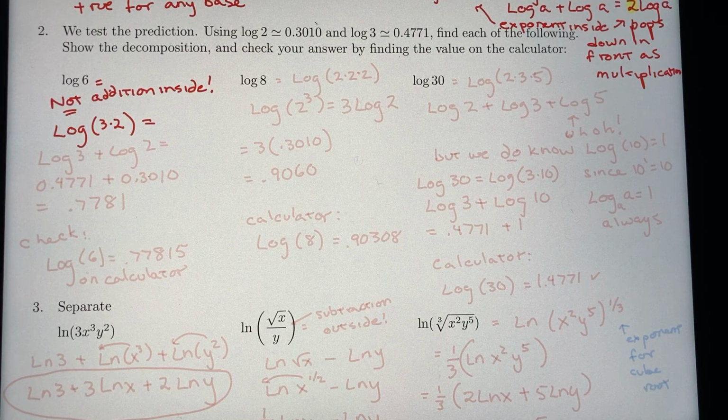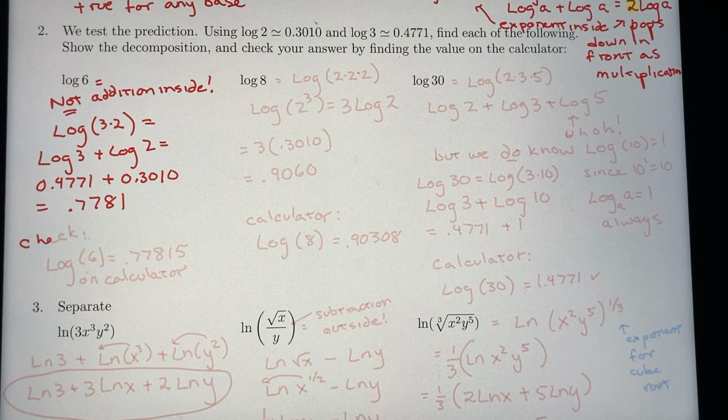And that splits up into addition. Second, separate logarithms. I gave you some numbers to use: 0.4771 for log of 3 and 0.3010 for log of 2. Calculator says that adds up to 0.7781.